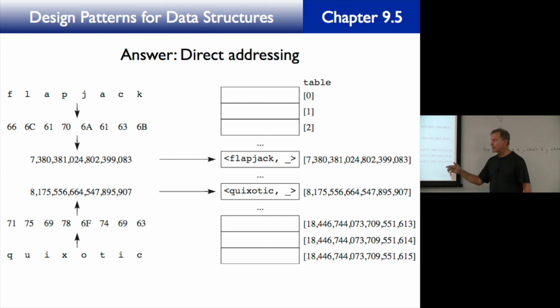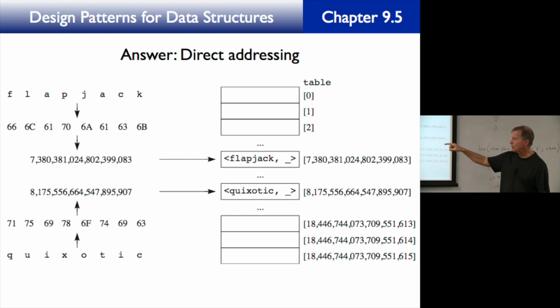Suppose you want to store the 8-letter word flapjack, and that's your key. You see those hex values 66, 6C, 61, 70, and so on. Each one is a character, and each pair is 8 bits.